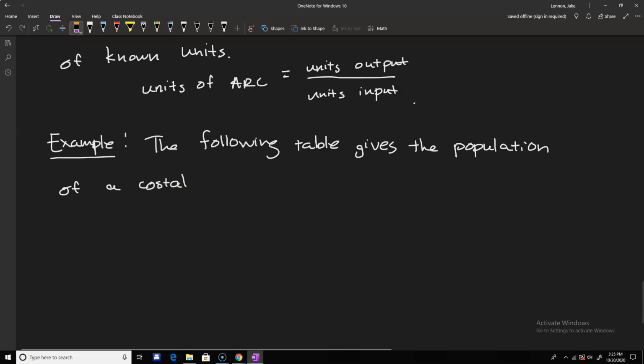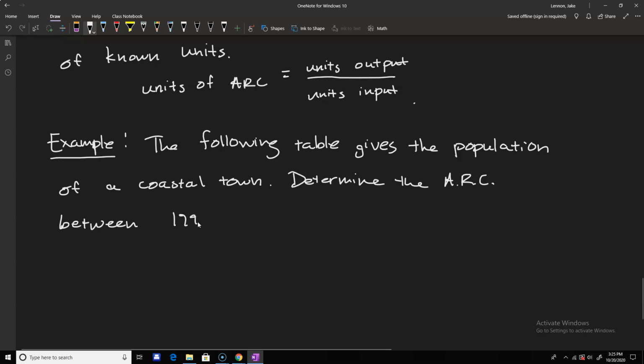Coast, forgot the A. Determine the average rate of change between 1998 and 2001.